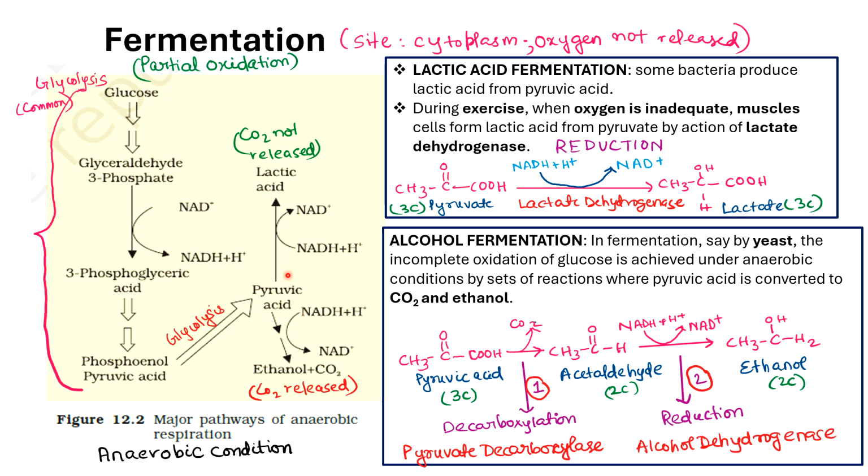Alternatively, the pyruvic acid can undergo alcohol fermentation, which is seen in the case of yeast. And here, the pyruvic acid, which is a 3-carbon compound, is first decarboxylated, and we get the formation of acetaldehyde, and the final product, ethanol, is formed by the reduction of acetaldehyde utilizing a molecule of NADH, which is oxidized to NAD+.